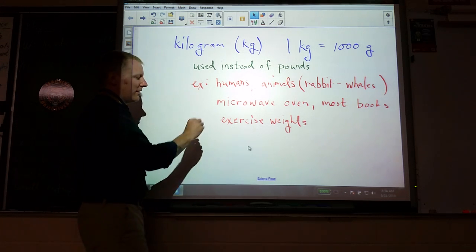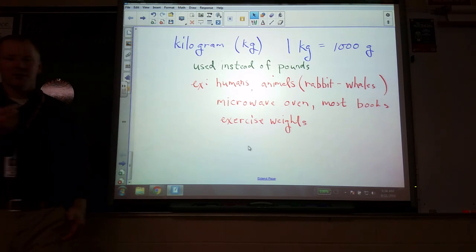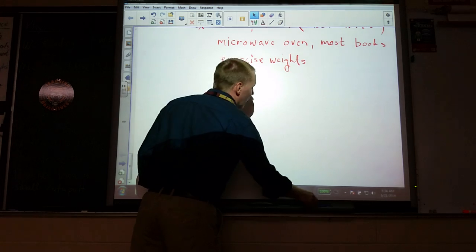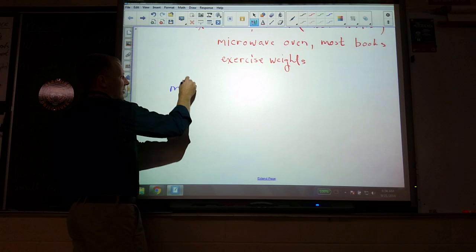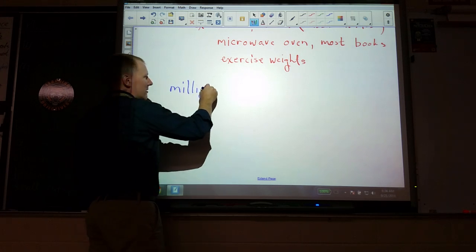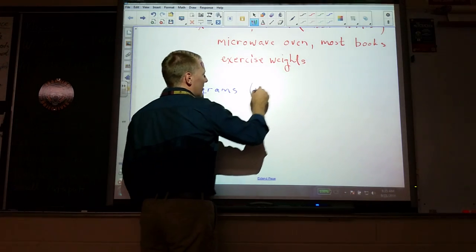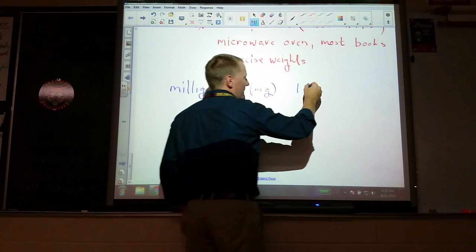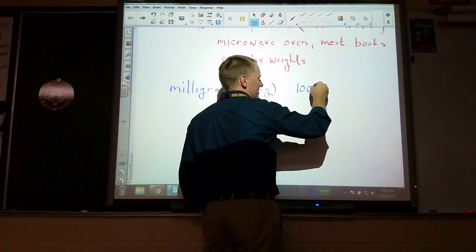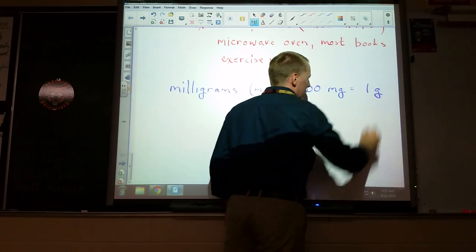Let's get smaller. Now, nobody measures anything in centigrams, so we're not going to measure in centigrams either. We will, however, occasionally measure in the next smaller, milligrams. Milli is lowercase m, grams is G. And just like before, a milligram is 1/1000th, so it takes 1,000 of them to equal 1 gram.